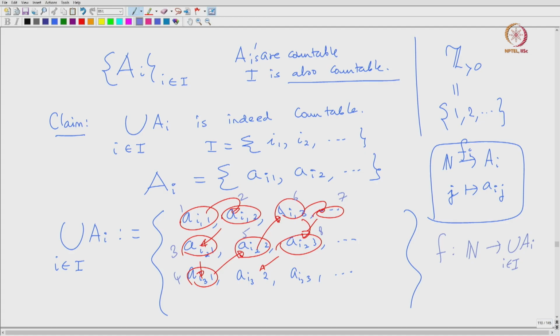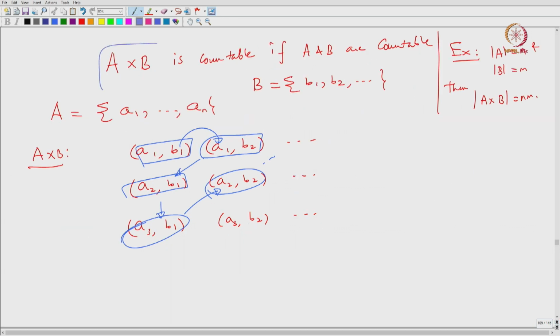Now we already proved that the Cartesian product of two countable sets must be countable, and it is not difficult to prove that if we take finitely many Cartesian products of countable sets, that is again countable.